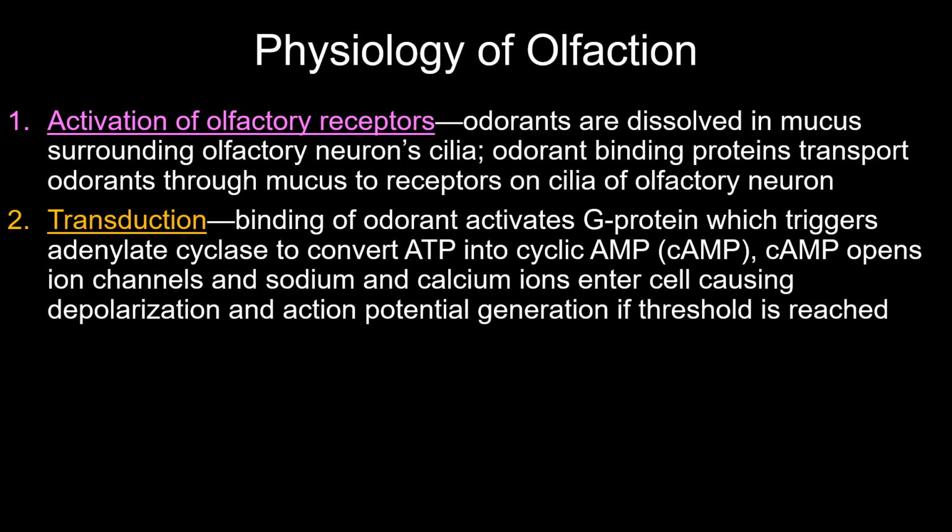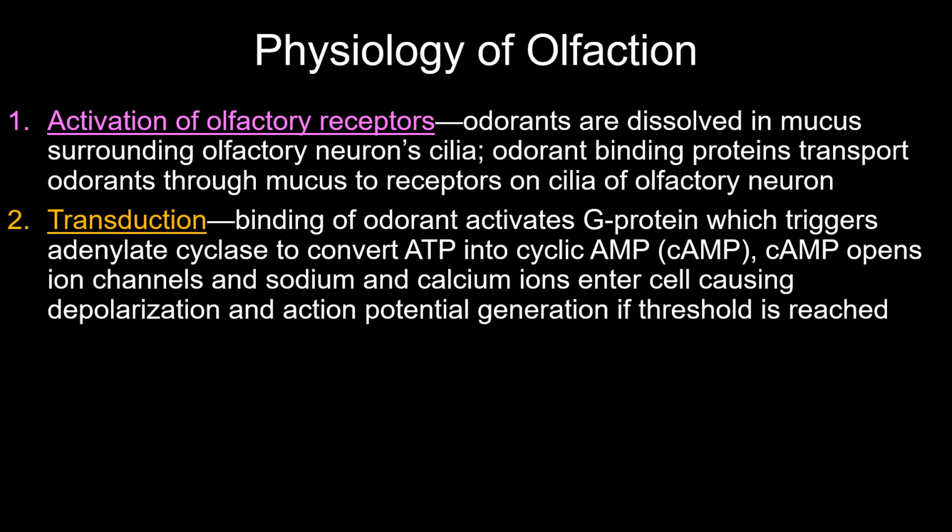This activated G protein then triggers the enzyme adenylate cyclase to convert ATP into cyclic AMP, or cAMP. And when cAMP opens ion channels, that allows sodium and calcium ions to enter these cells.